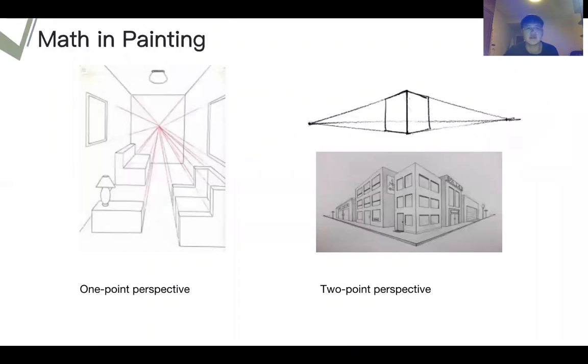So, at first, people do not use perspective a lot. When do people start to focus on perspective? That's the Renaissance.